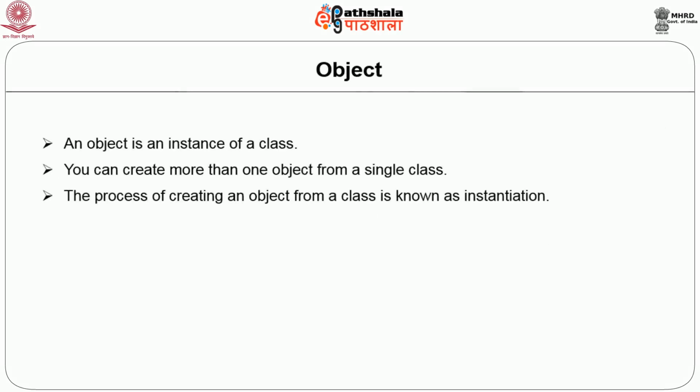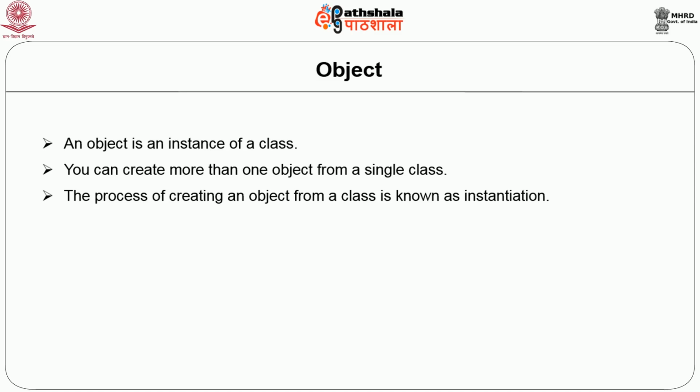As I said, an object is an instance of a class. We can create more than one object from a single class, and the process of creating an object from a class is known as instantiation, because you create one instance of a class. The syntax to create an object is: object name is assigned to $new class name. We have already created one object when we wrote $emp is new employee.